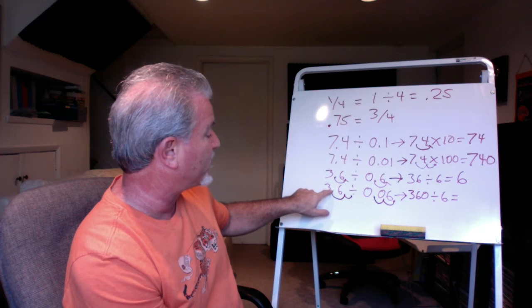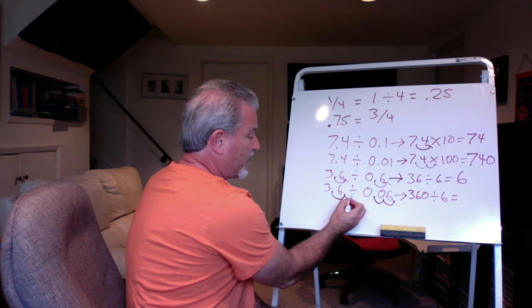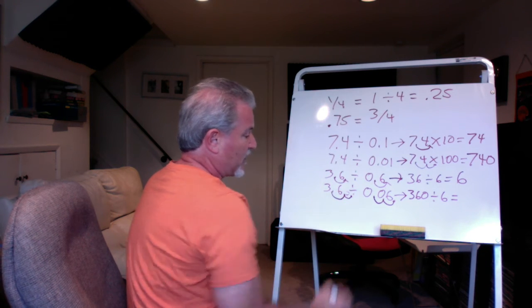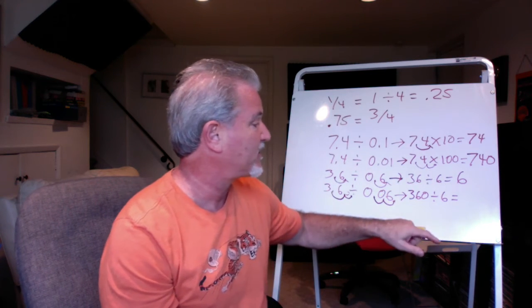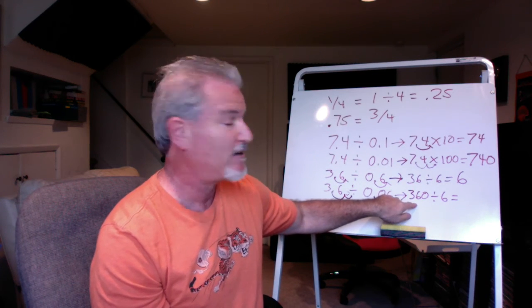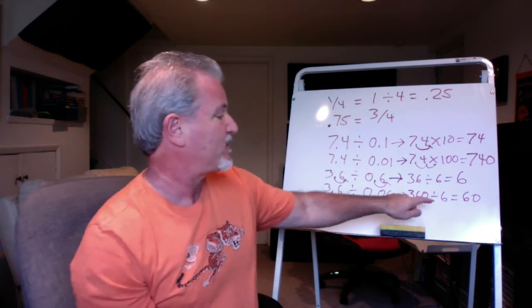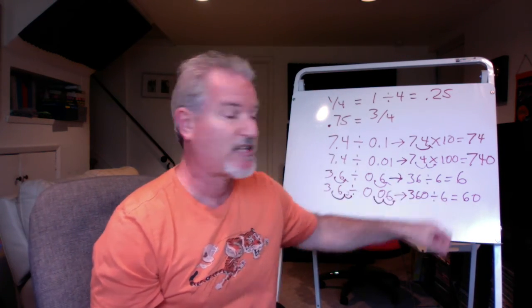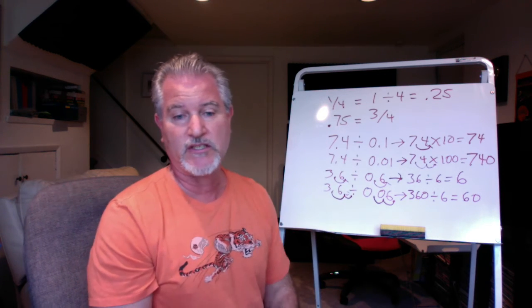So the 3.6 becomes 360, because the zero has to go there. 36 divided by 6 is 6, and 360 divided by 6 is 60. They're basically the same answers, just that one's 10 times more than the other, because one's hundredths and one's tenths.